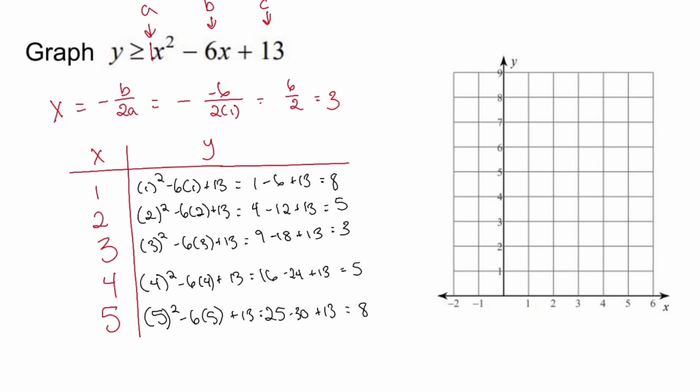So we have our points. Okay, 1, 8 is a point. 2, 5 is a point. 3, 3 is a point. 4, 5 is a point. And 5, 8 is a point.